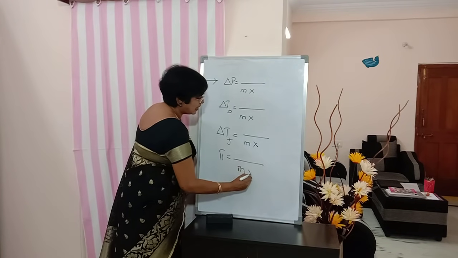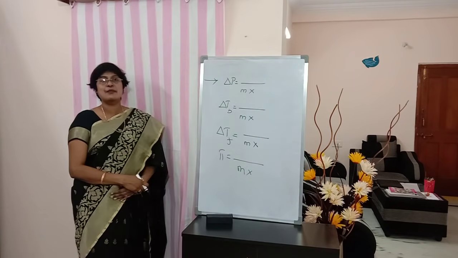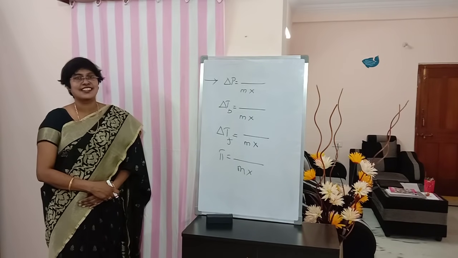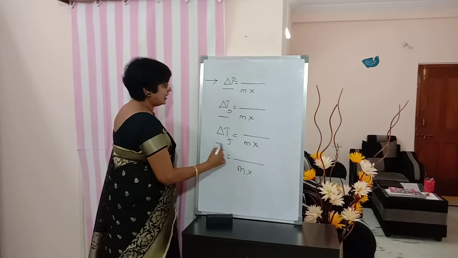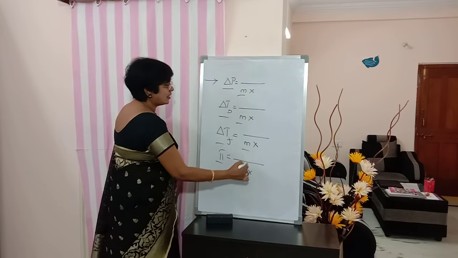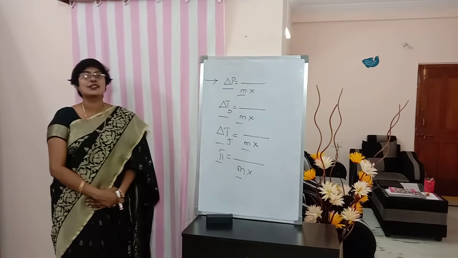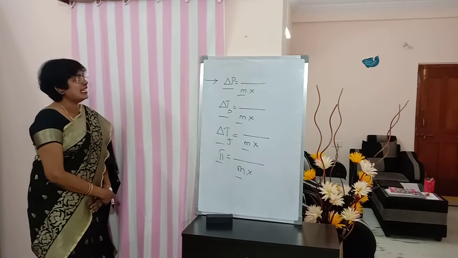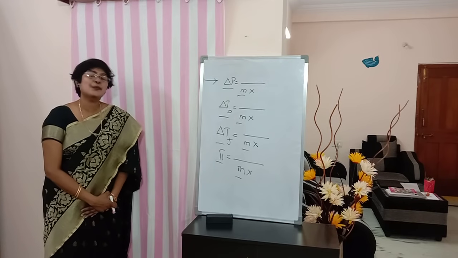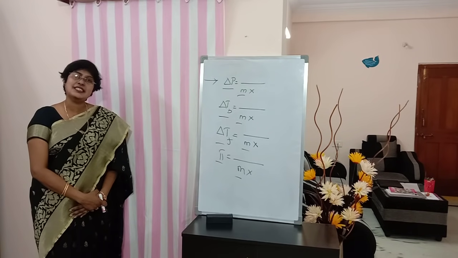Here also we find M in the denominator. In all the expressions, this is the colligative property and this is the molecular weight of the non-volatile solute. Now tell me, what is the relationship between colligative property and molecular weight?